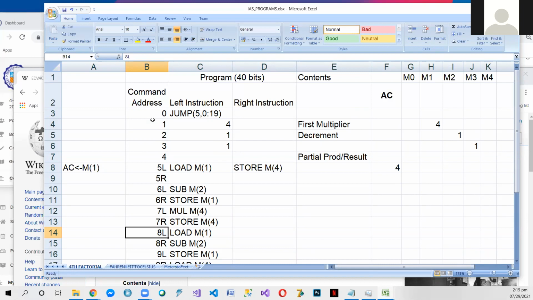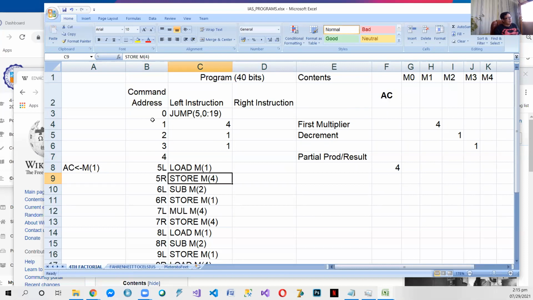Yes, sir. You need an address because this time, it doesn't count forward and count backward. It will do a jump. Like for example, when you say jump 5, it will go to the 5th. Unlike in the analytical engine, you do not jump. You just count backwards or count forward. In the IAS, we don't have a count backwards and a count forward, but we specifically say where to jump.